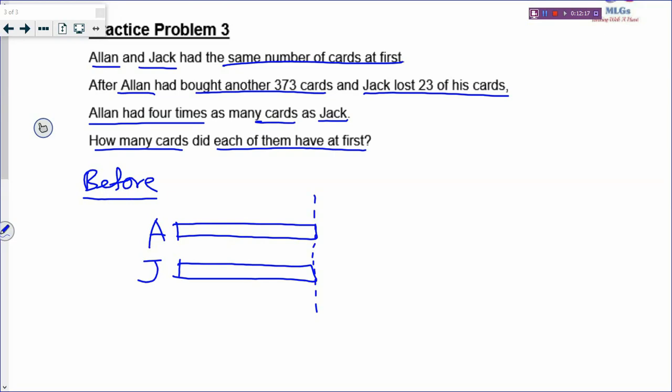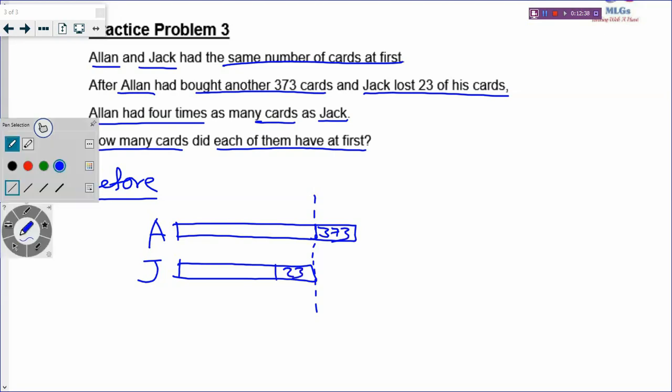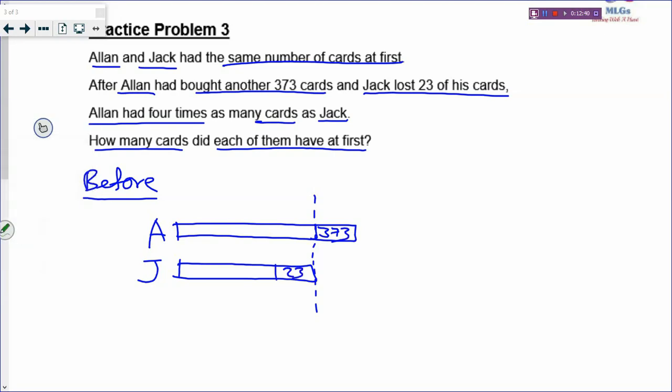Alan bought another 373. I want to join this before and after model together. So I'm going to extend the box a little bit longer, and that will be 373. And Jack lost 23, so you just cut here. So how does the after model look? It is going to look like this.